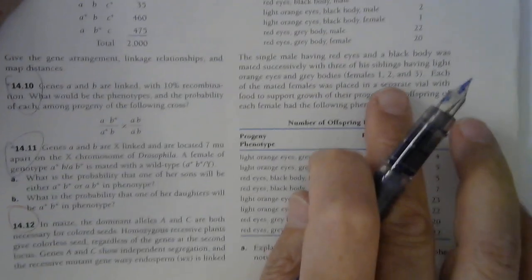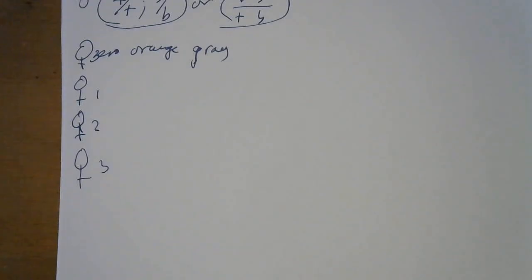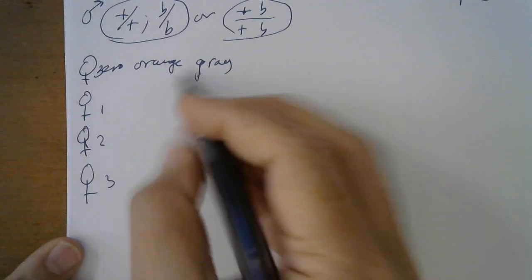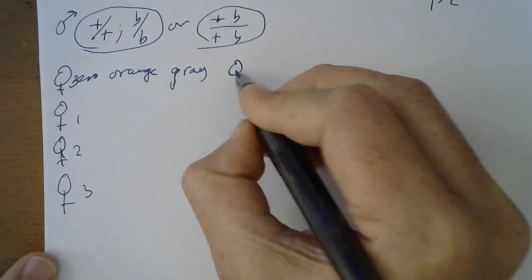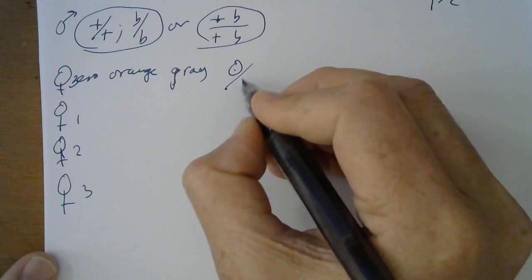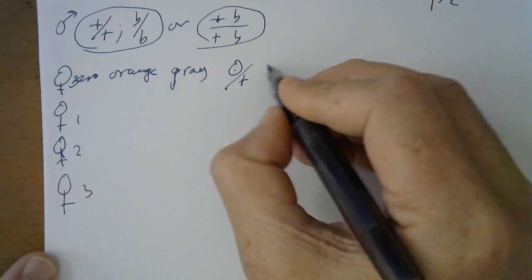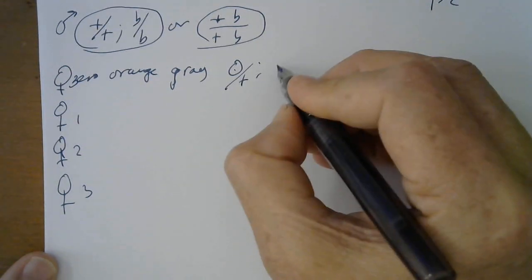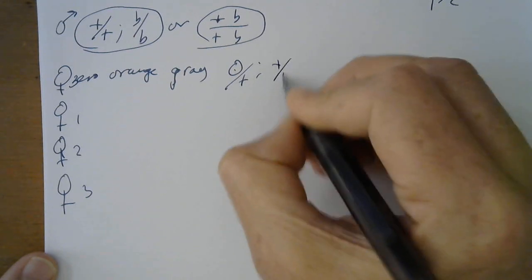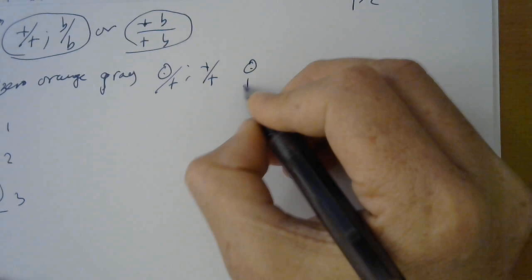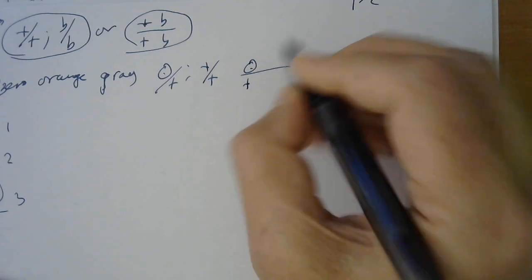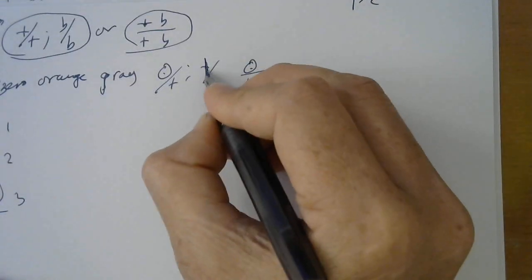So all females are like this. So that means that we know that the mother must have been, if unlinked, we know she was this, and if the genes are linked, she must be, whoops, I'm making a mistake here.